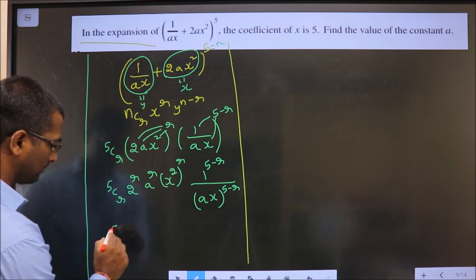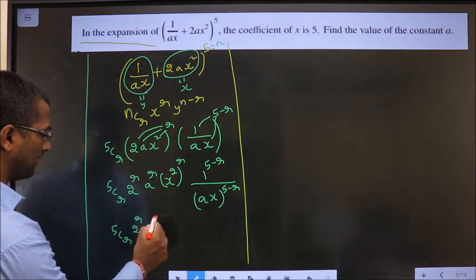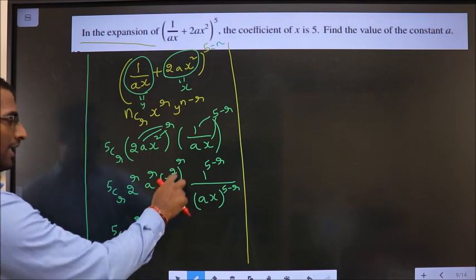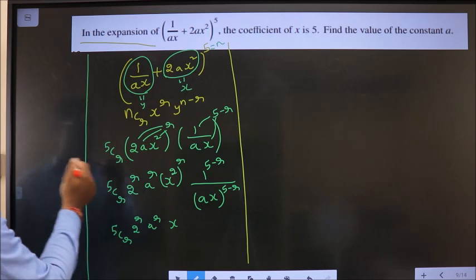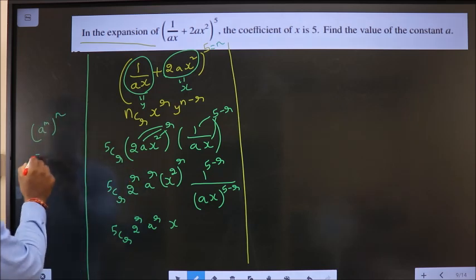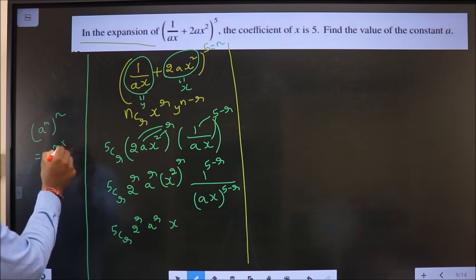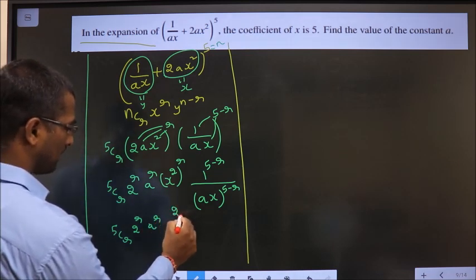That is 5Cr 2^r a^r x^(2r). One base has multiple powers; the result is a^(m×n). So this will be x^(2r), since 2 into r is 2r.